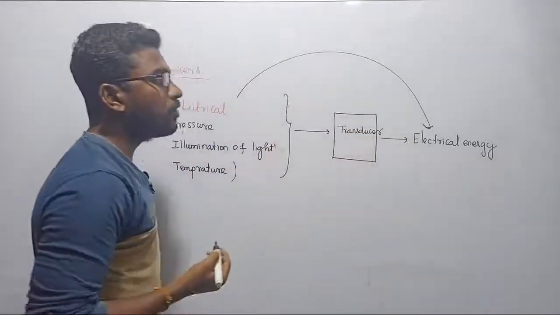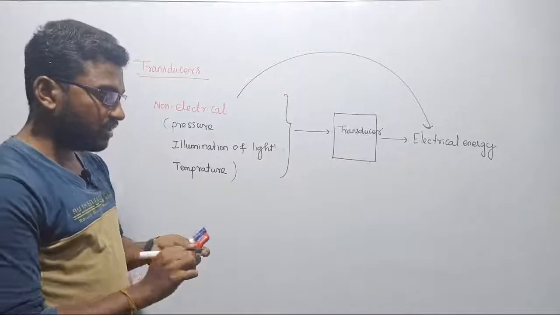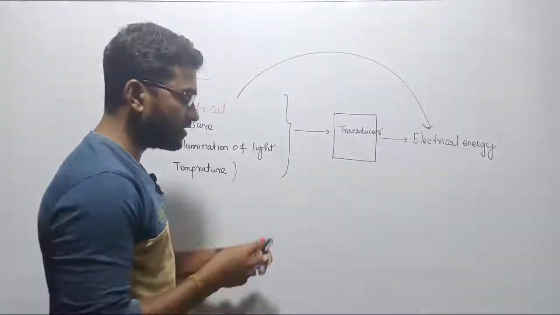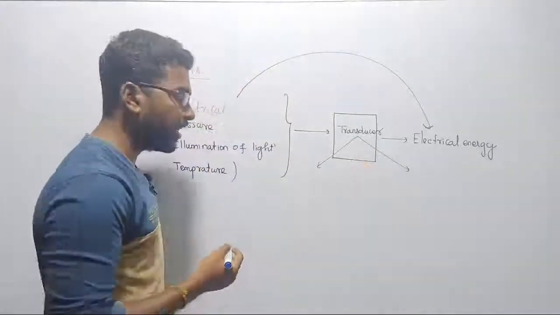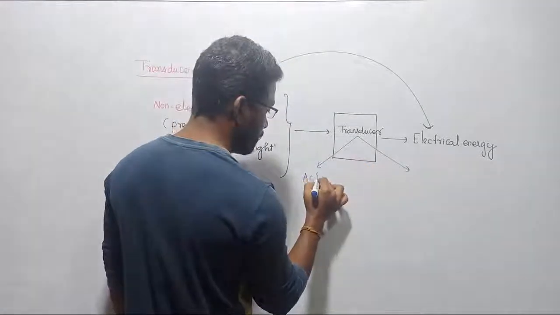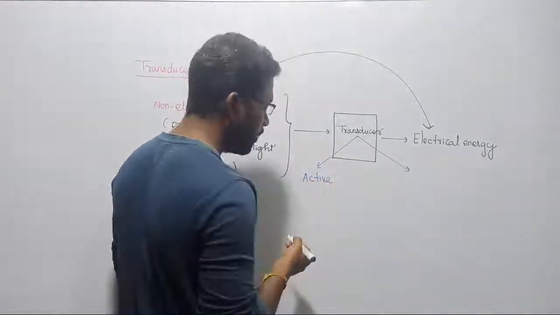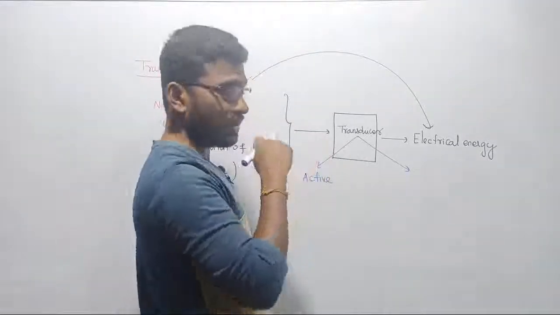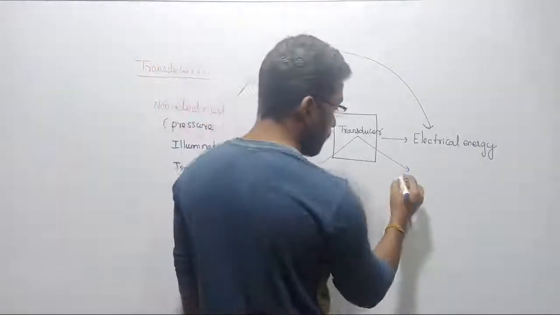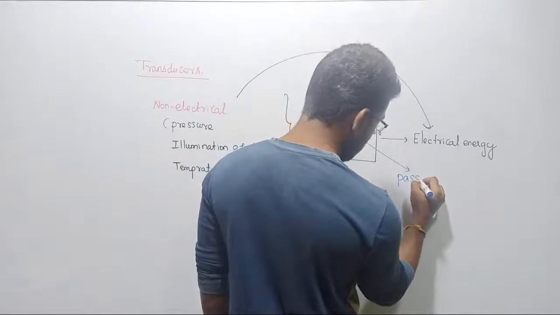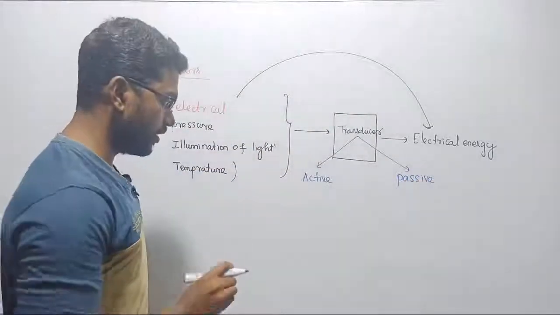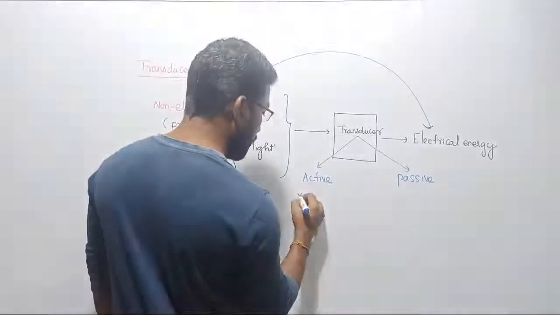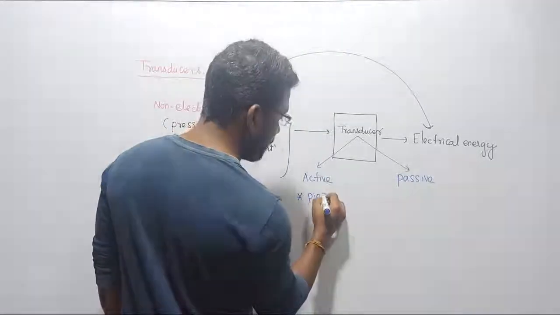Okay, now there are two types of transducers. One is called active transducer and another one is called passive transducer, right? Let me define. Under active, we have three major classifications.